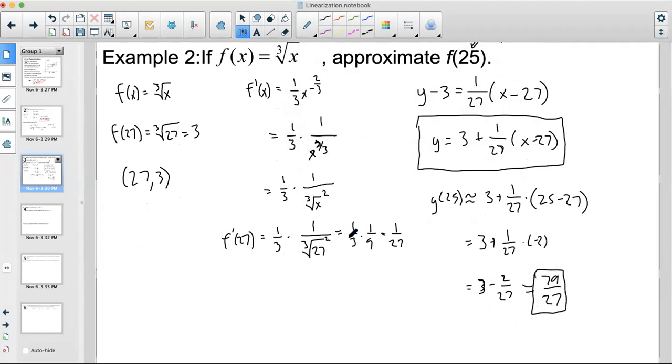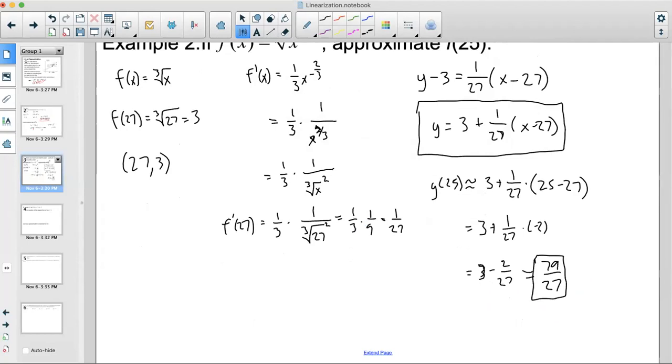So just for a giggle, let's take a look at what 79 over 27 is equal to. 79 over 27 is 2.926, pretty closely. So this is about 2.9. I'm just going to give us a feel for how good this is. 2.926.